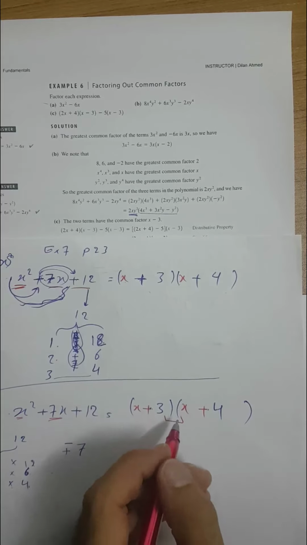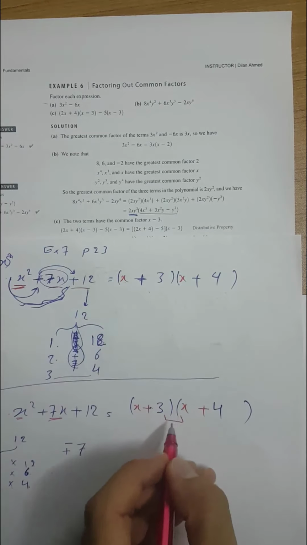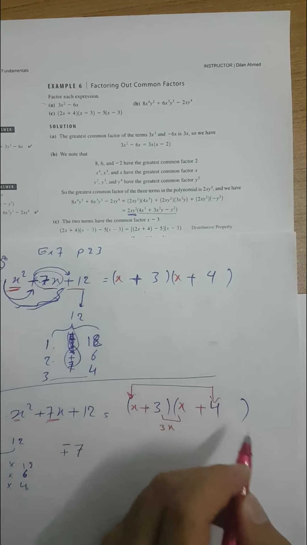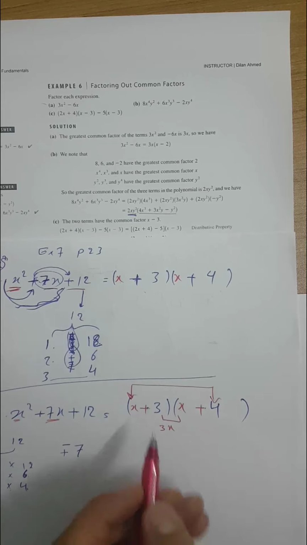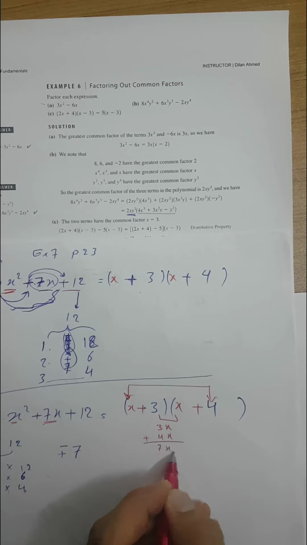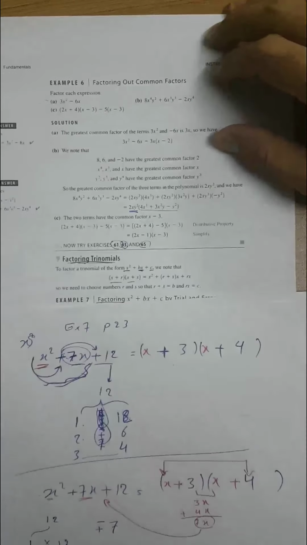Multiply the two nearest terms, 3 and x, 3 by x, I got 3x, and multiply the two farthest ones, I have 4x. Now add them, I get 7x, the middle term.